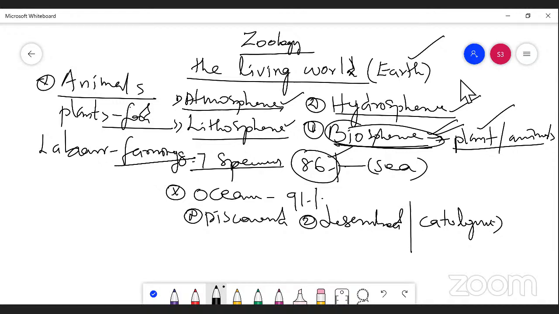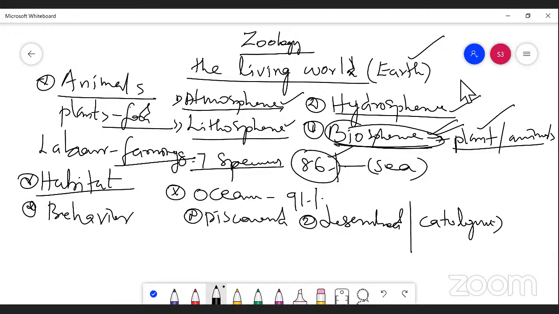We want to know the animal and plant populations. We should understand the unique characters of animals and plants, especially animals here. First, the animal's habitat. Second is behavior.